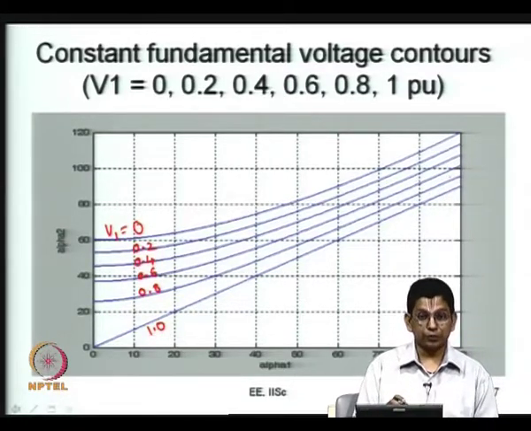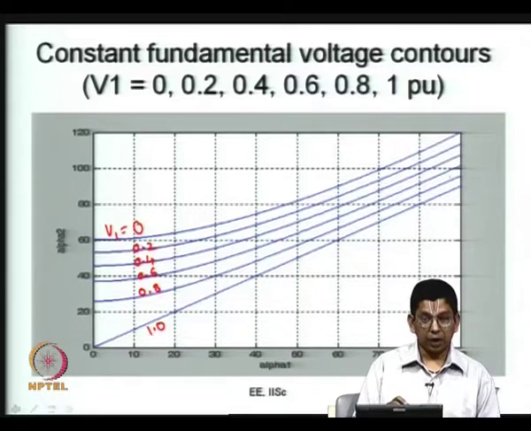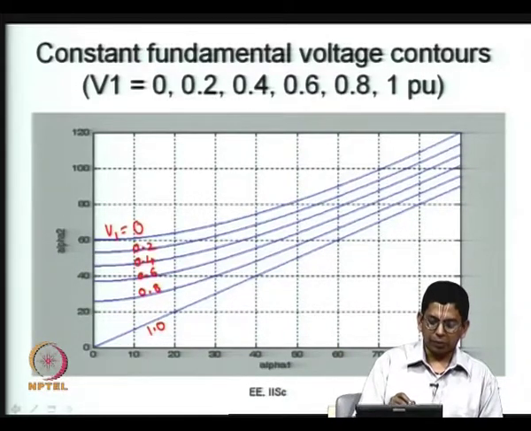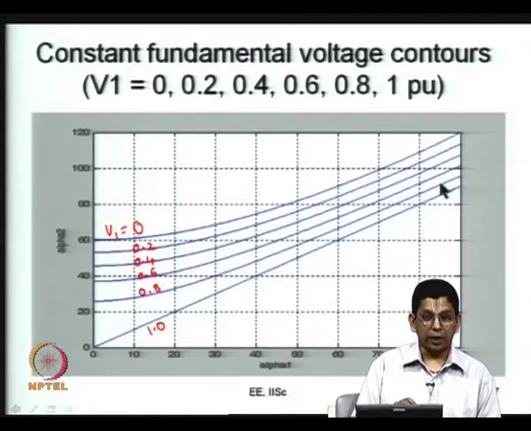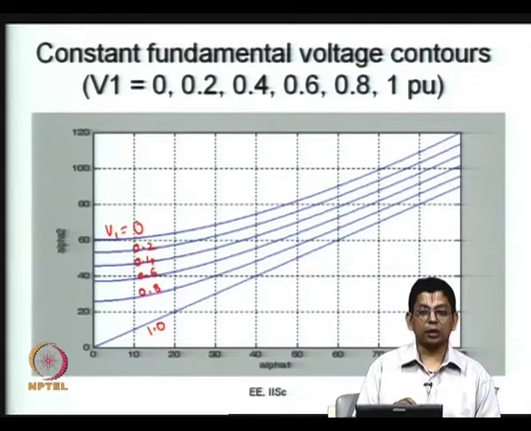Which point you choose would depend on which harmonic you want to be lower. So, the first objective of controlling the fundamental voltage is easily attained from here. For V1 equal to 0.8, you can choose any point on the line, and which point you decide is based on the harmonic content.